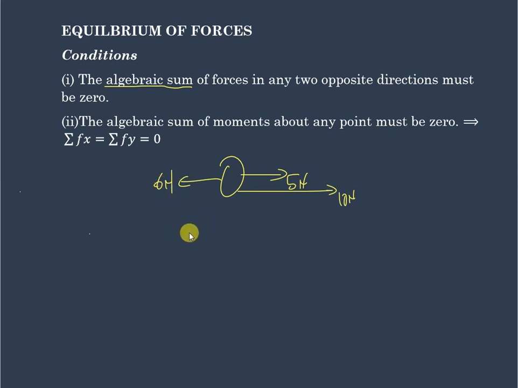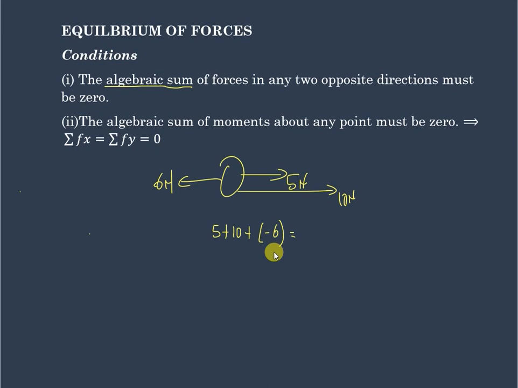If we talk about the algebraic summation of these forces, we shall have 5 plus 10 plus negative 6, because in the algebraic summation you cannot have forces in opposite directions having the same sign. So if we take the forces to the right to be positive, we take the forces towards the left to be negative.